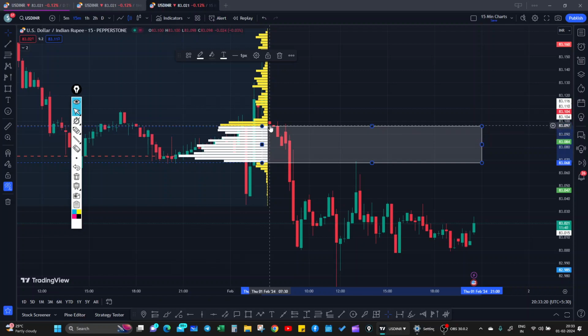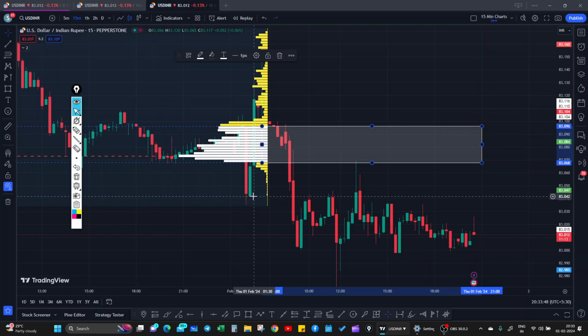So coming to today's session, what it has done is it has broken out. It opened here, started moving down, it broke the point of control and the overall important zone where 70% of the trade was there in the previous session.